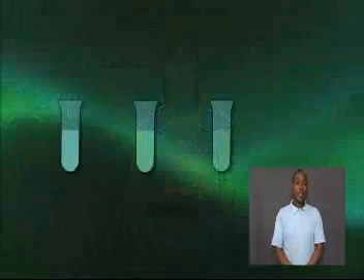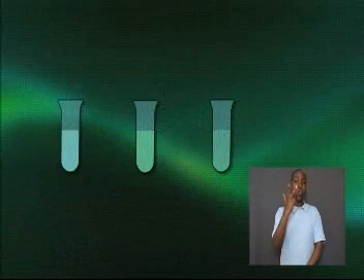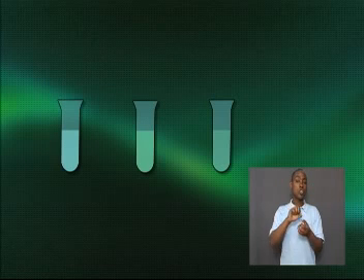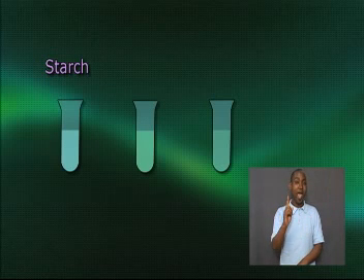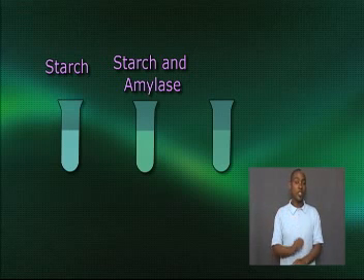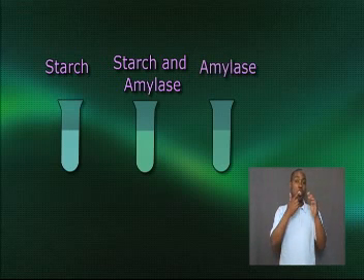To begin, drops of the iodine solution are placed on 2 spotting tiles. Next, 3 test tubes are gathered. 2 are partly filled with the starch solution, and 1 is labeled starch, while the other is labeled starch and amylase. The 3rd test tube is filled with amylase solution.